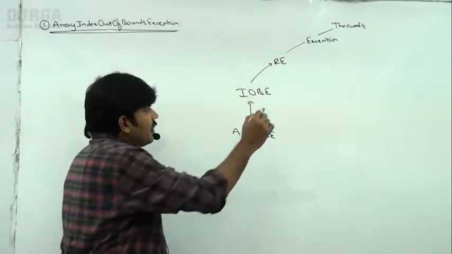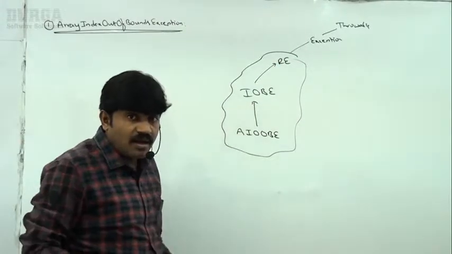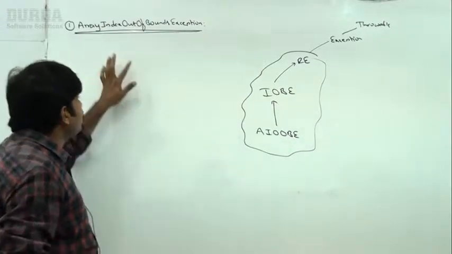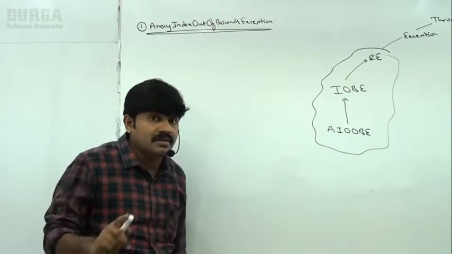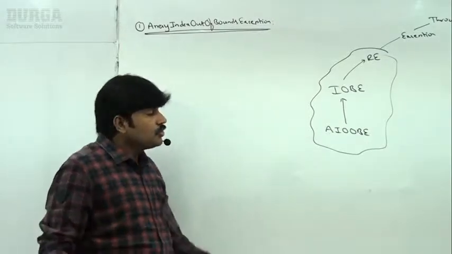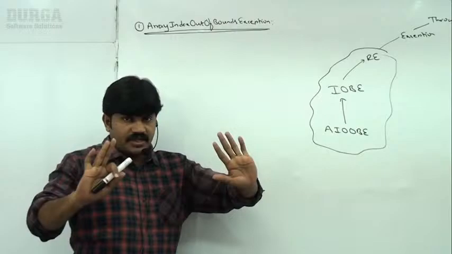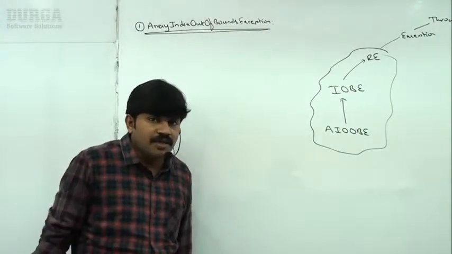Have you remembered, right? RuntimeException and its child classes are unchecked. That's why it is an unchecked exception. The compiler never worries whether you are handling this exception or not. So the first point about ArrayIndexOutOfBoundsException is that it is unchecked. When will this exception be raised?